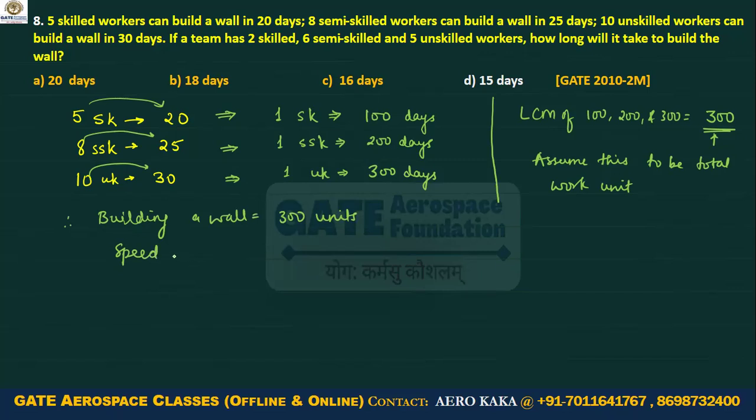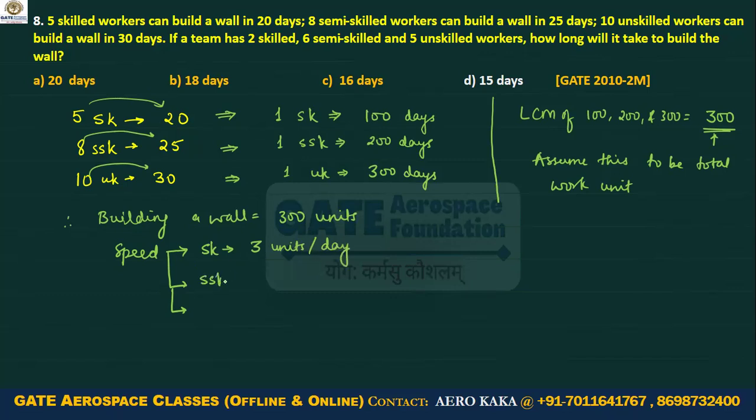Right. Now I'll find out the speed of the three categories that I have been given. The speed of a skilled worker: if there are 300 units and the skilled worker takes 100 days, its speed is 3 units per day. I'm simply dividing it.